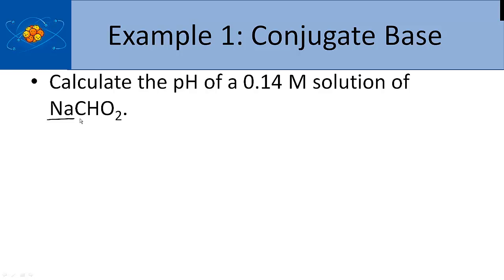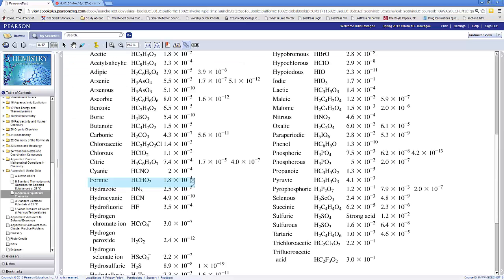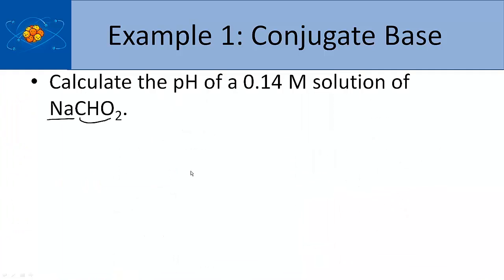So now you're going to go to your tables and look for the CHO2- ion. If you look in the back of the textbook, what you find is that formic acid is HCHO2 with a Ka value of 1.8 times 10 to the minus fourth. So going back to our problem, we know that Ka is 1.8 times 10 to the minus 4.